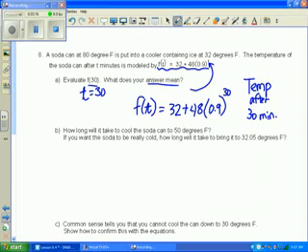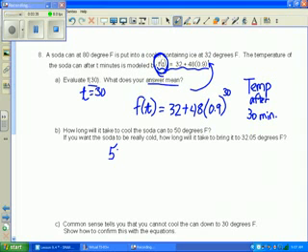All right. B is saying how long will it take the soda can to cool to 50 degrees. Well, this is representative of your degrees, your function f of t. So all I'm going to do is what? I think we can set that up.